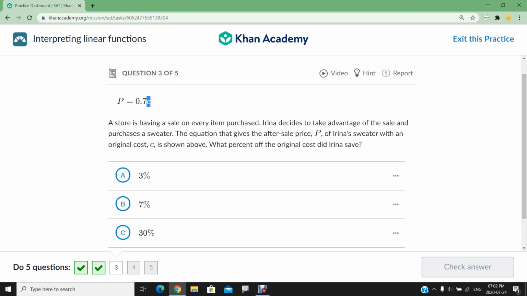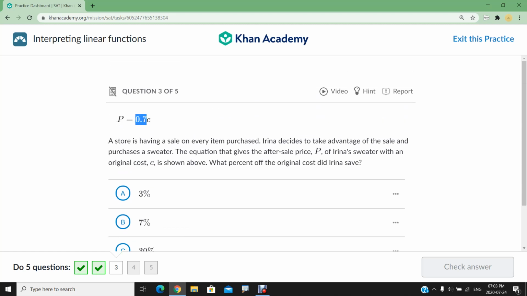Okay, so in the equation, P gives the after-sale price. You get it? Like the original cost times the after-sale factor. So basically this 0.7 right here is the amount that she had paid.